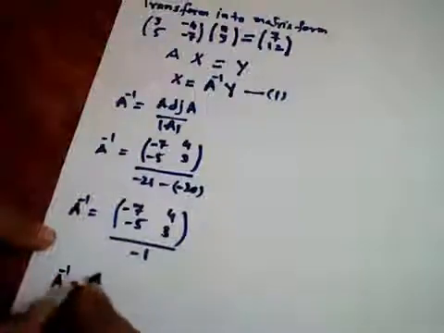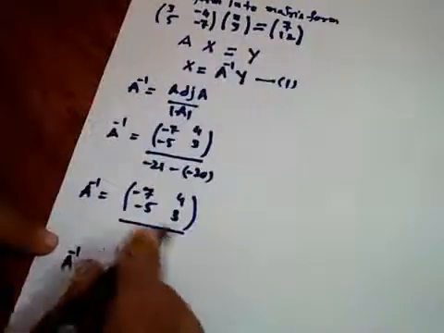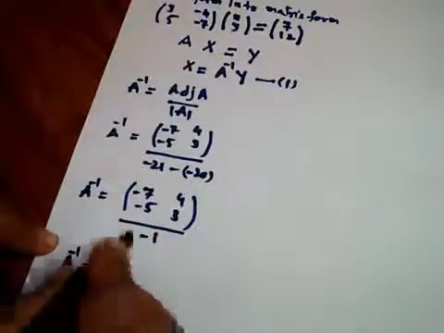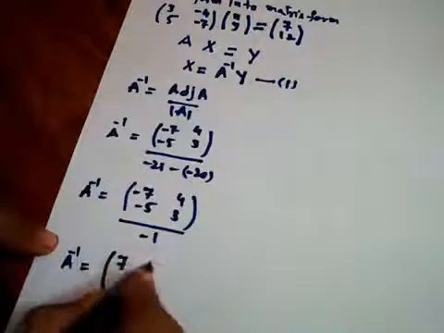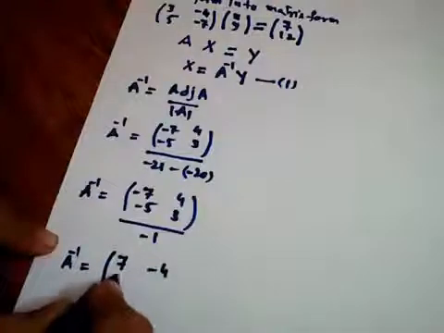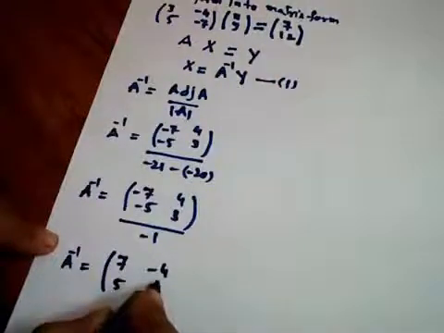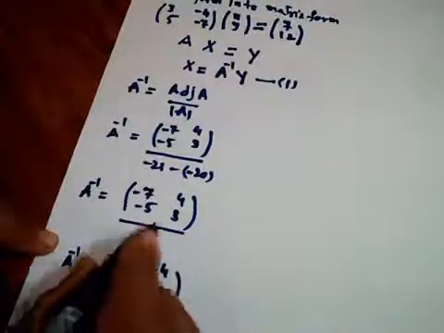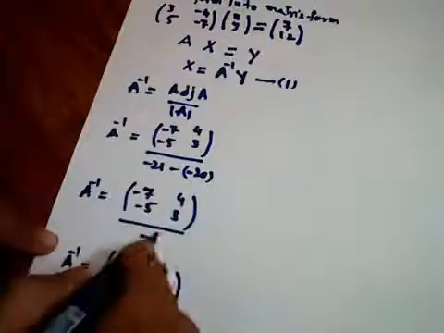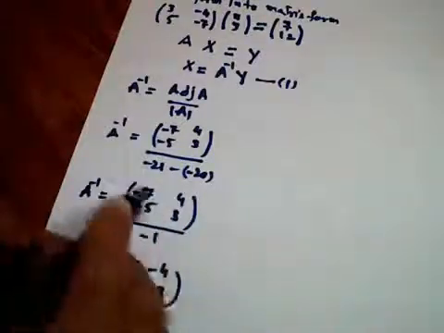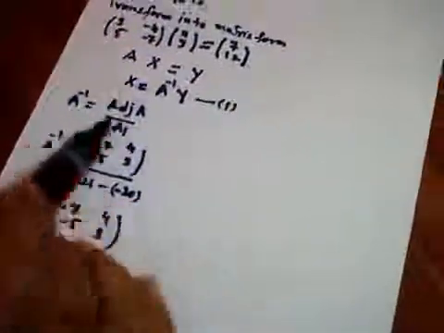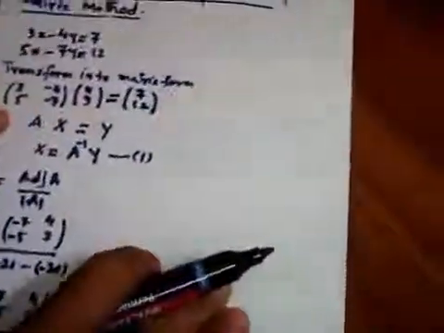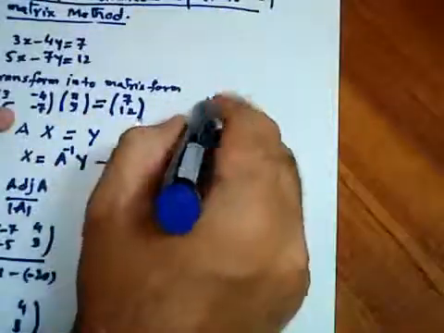Now we have a multiplication of matrices. We know that two matrices can be multiplied if this matrix has order 2 by 2 and this matrix has order 2 by 1, that is, if the number of columns of the first and the number of rows of the second are the same, 2 and 2. Then we can multiply these two matrices.